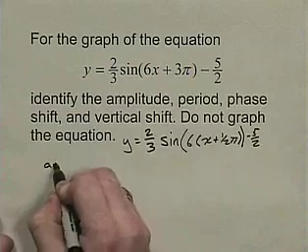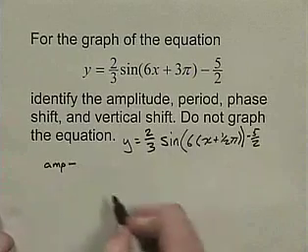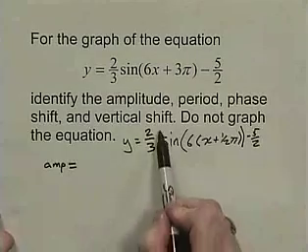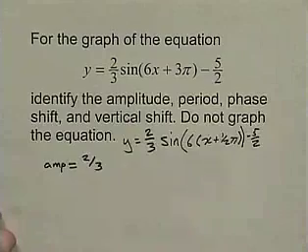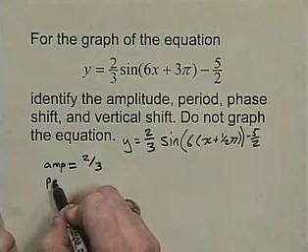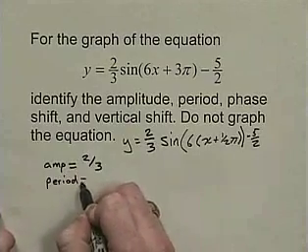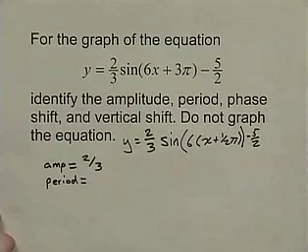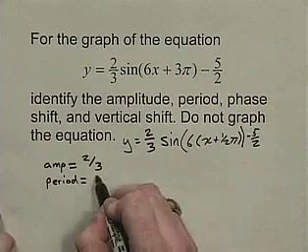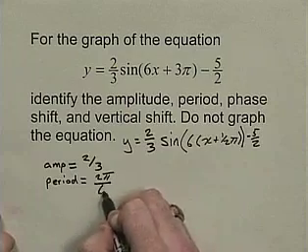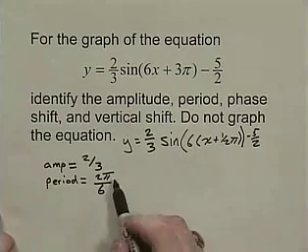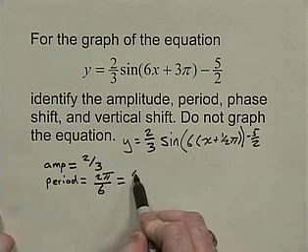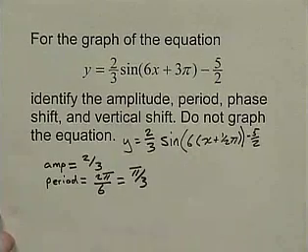First off, the amplitude. Well, the amplitude is just simply the coefficient out here in front of sine, 2/3. The period, that's 2 pi over 6. Remember, it's 2 pi over whatever we have out here. 2 pi over 6, that's just pi over 3.